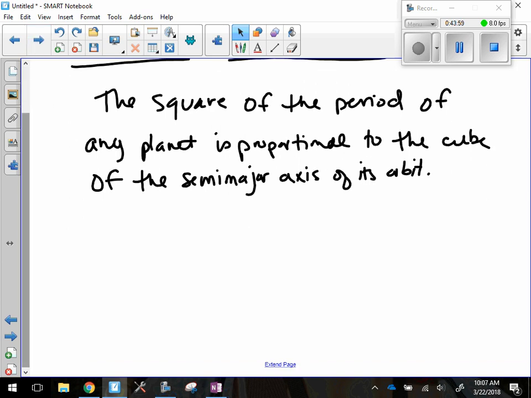So effectively what we're saying here is that T squared is proportional to a cubed.